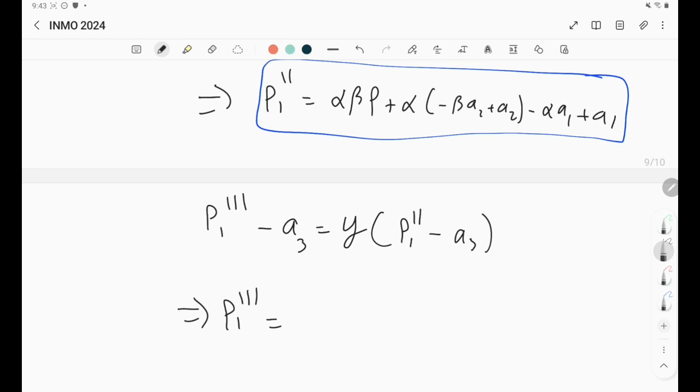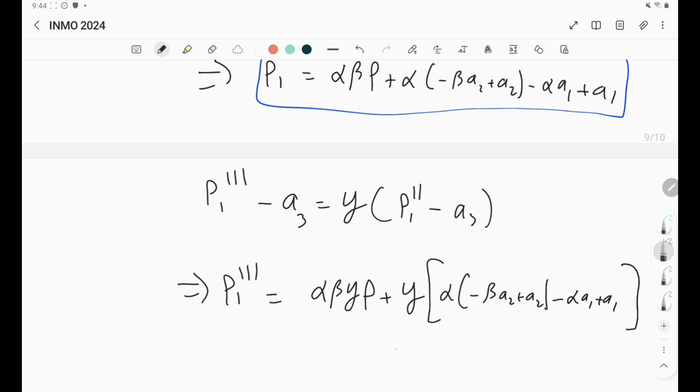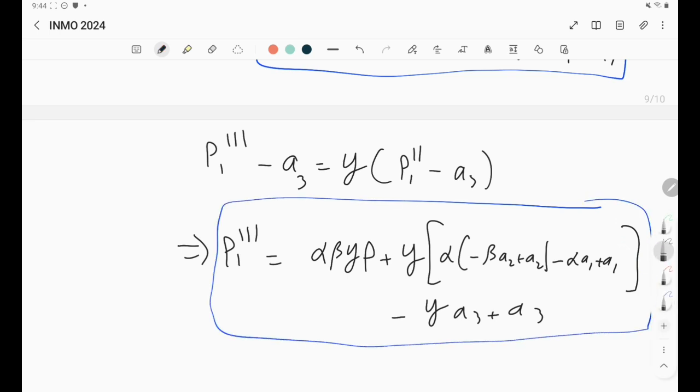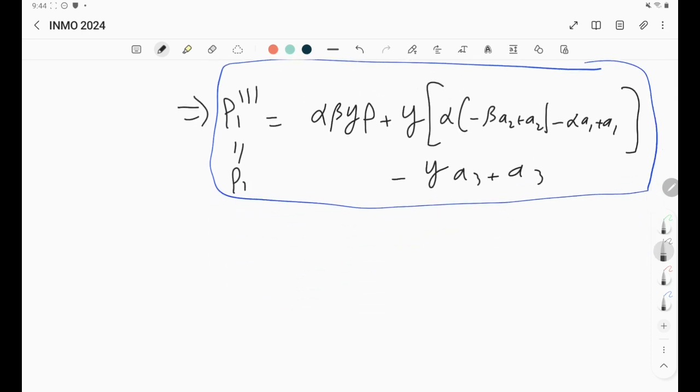So gamma, or let's say alpha, beta, gamma, P plus gamma times all of that thing, minus gamma A3 plus A3. And that's actually P1. This is actually P1 itself. So we can say that this thing is actually P1. Very good. So indeed we found P1.